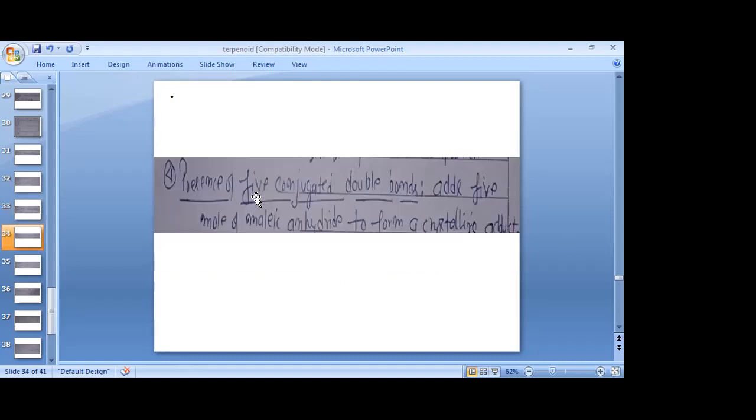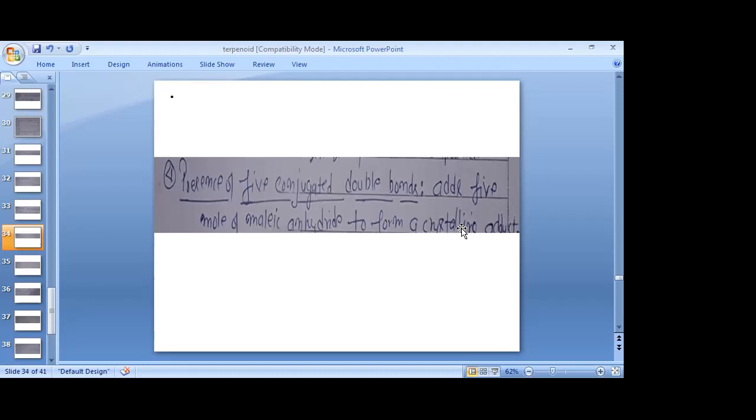Now after that, the presence of 5 conjugated double bonds. How do we confirm that? You know, in abietic acid, how did we confirm that? When it reacts with maleic anhydride above 100 degrees Celsius, it adds 5 moles of maleic anhydride to form a crystalline adduct, right?